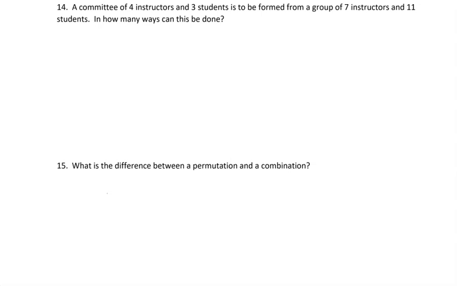We are looking at picking 4 instructors out of 7, and we're also looking at 3 students out of 11. So we're going to do those separately, and then we just use the same rule of counting that we did last time in the last set of notes, and we're just going to multiply those together.